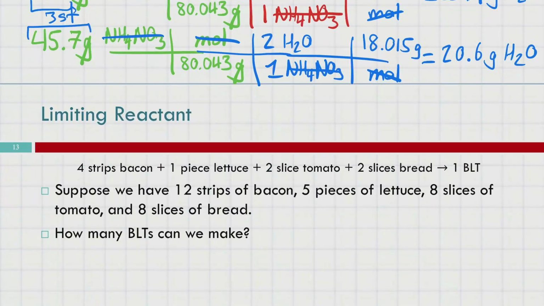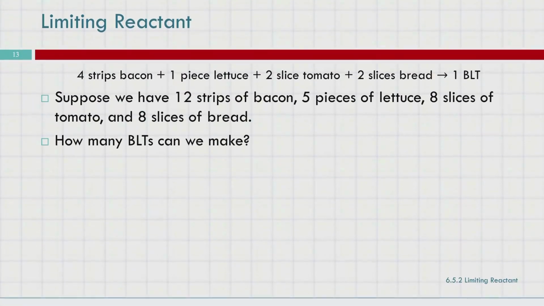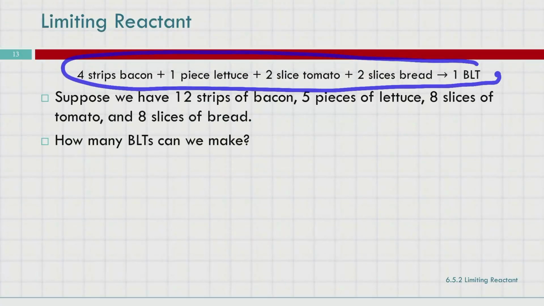All right, next up, getting back to bacon, back to our BLTs. There's a concept called limiting reactant, meaning something that we'll run out of that kind of limits the amount that we can make. In the case of this example with BLTs, bacon, lettuce, tomato sandwiches, we've got our balanced equation, our recipe for making BLTs.